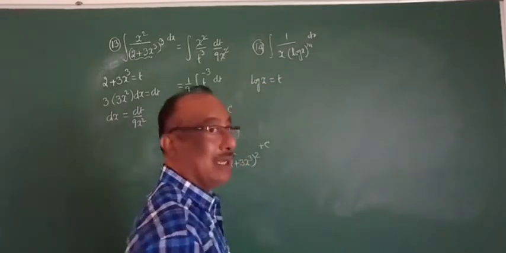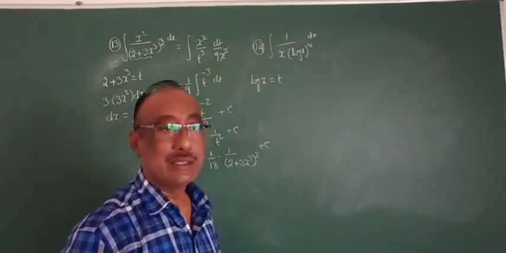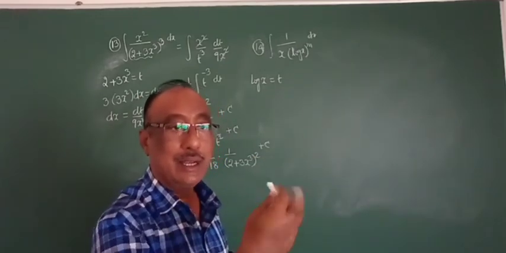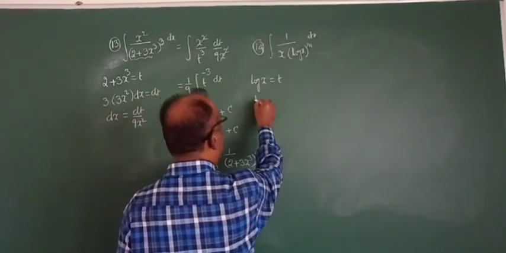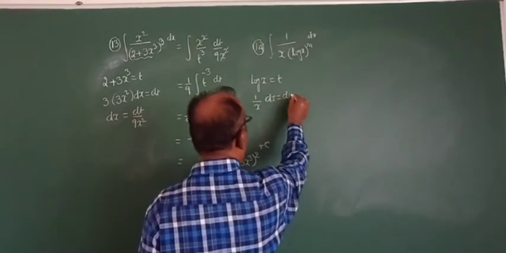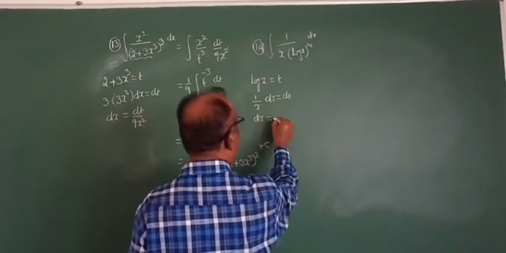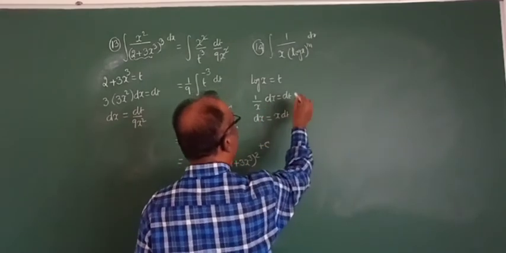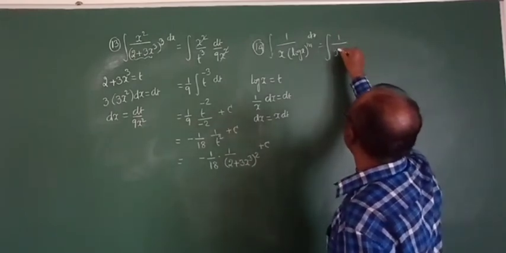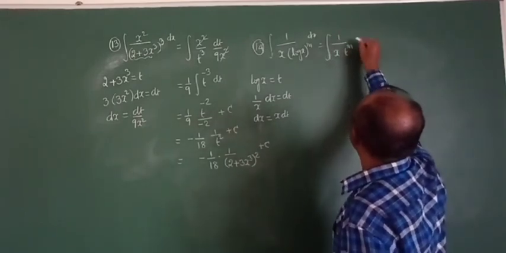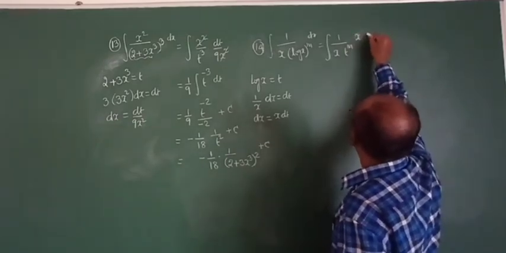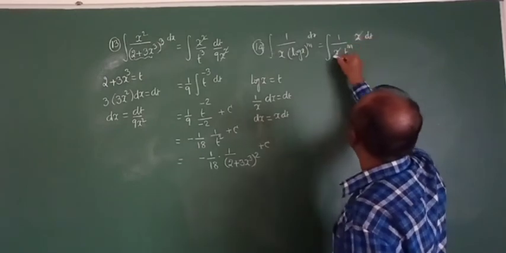x derivative is not log x. Log x derivative is 1 by x. Already we have 1 by x. Let it be t. So 1 by x into itself derivative, dx, is equal to dt. dx is equal to x dt. Substitution: integral of 1 by x, t power of m into dx, means dx is x dt, x should be cancelled.